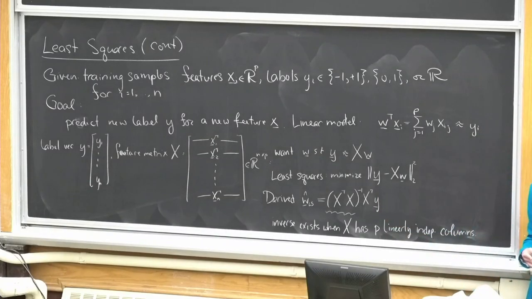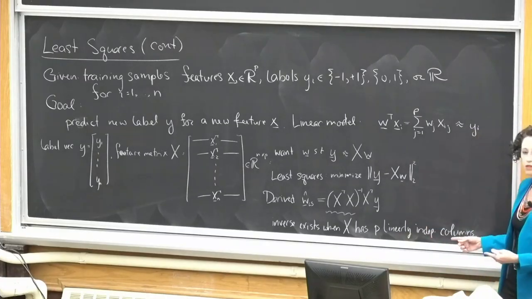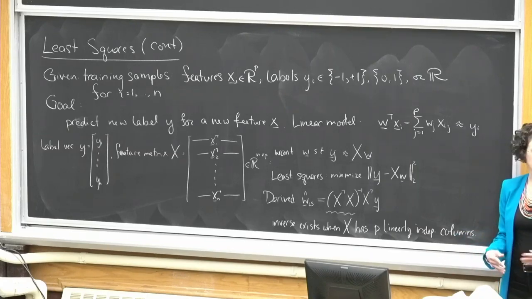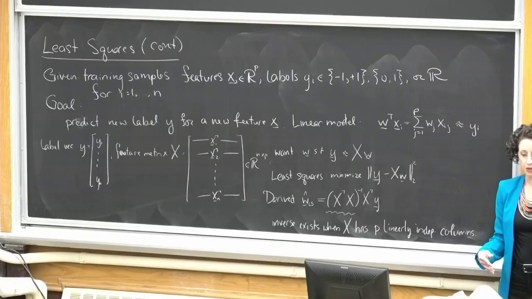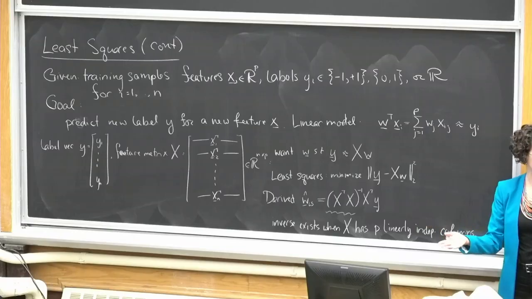On an intuitive level, remember that these p different columns of X correspond to different features. So let's think about this running example we've been talking about, where we've got measurements of people's facial features, and we want to predict whether their photograph represents smiling or not.